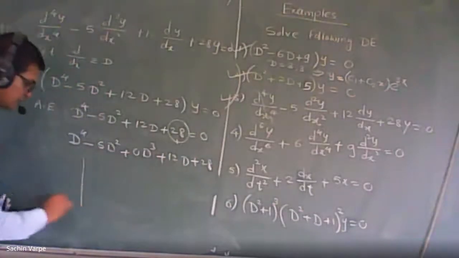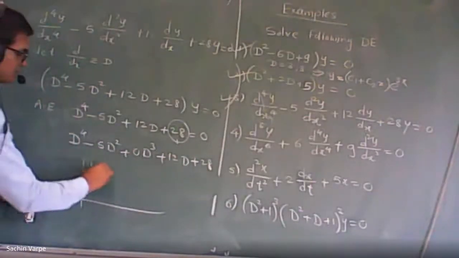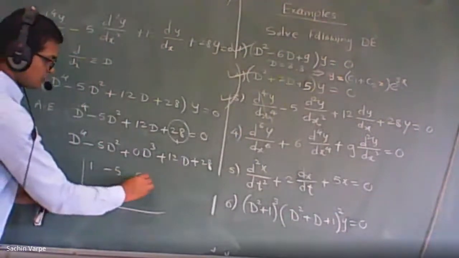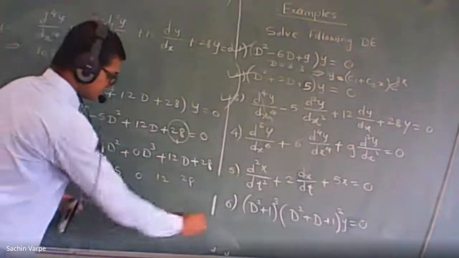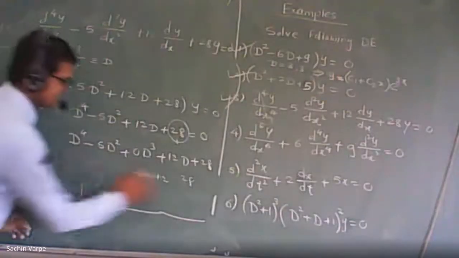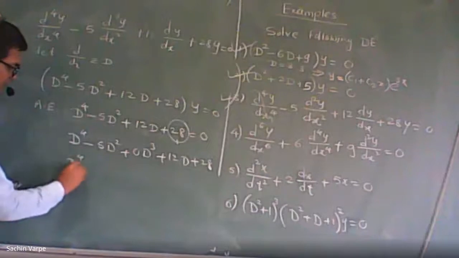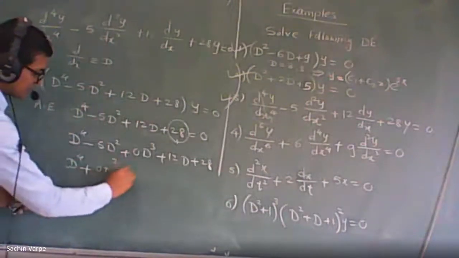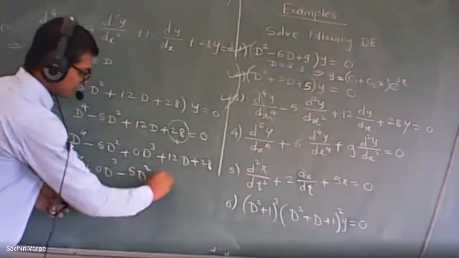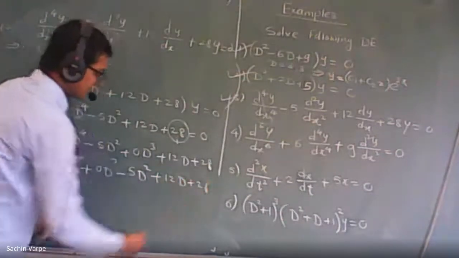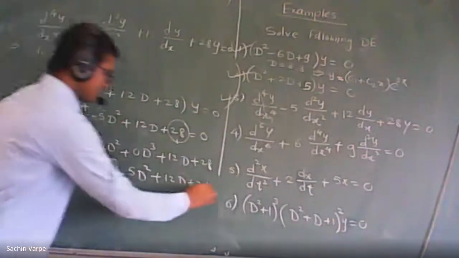Sir, can't it be 1, 0, minus 5, 12? I'm sorry. d raised to 4 plus 0d cube minus 5d square plus 12d plus 28. Okay, so that is the standard form now.